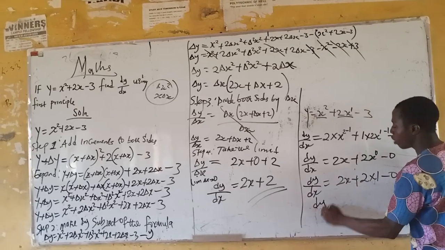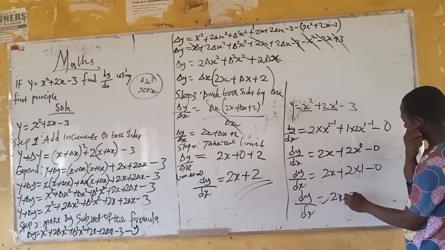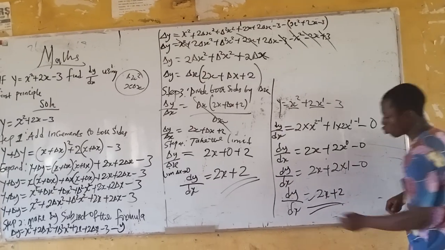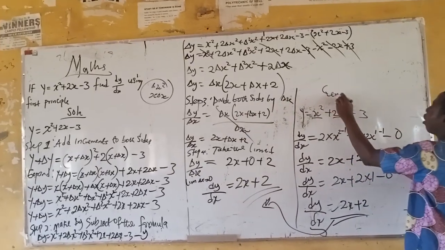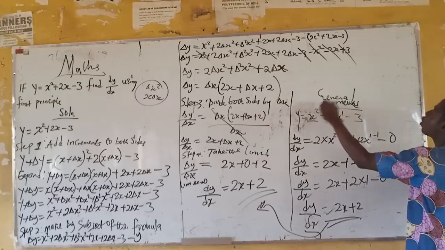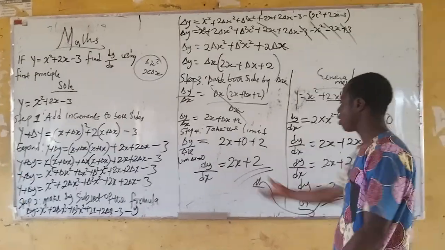So we're going to have our dy over dx is 2x plus 2 times 1, that is 2, minus 0. That's 2x plus 2. So I just use the general method. You can use the general method after you are finished solving to be sure of your answer. And when I use my general method, I still get it.